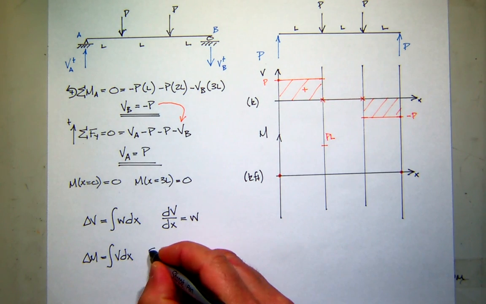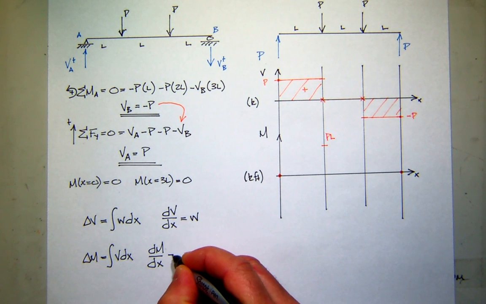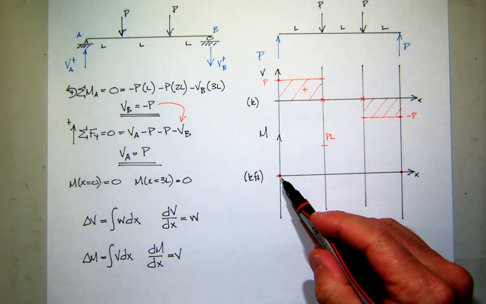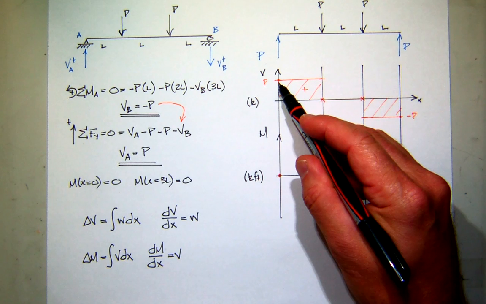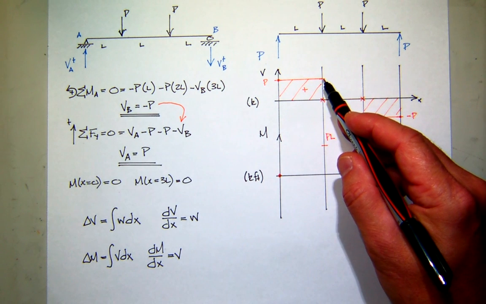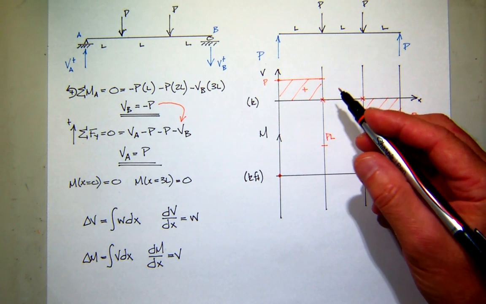The differential part of this relationship says that the slope of the moment diagram should be equal to the shear. So let's go up and look at the slope. The slope starts at a positive value equal to P, and does it change? No, it's constant. What kind of curve has a constant slope?